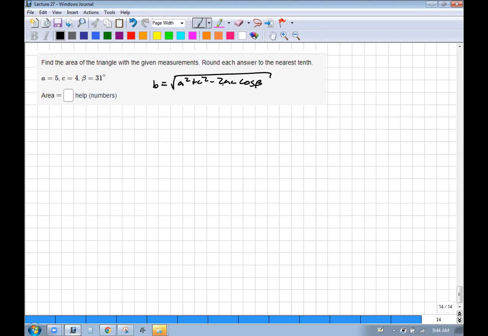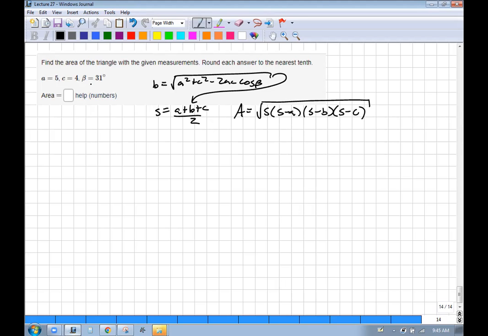Those are all given, A, C and beta. Once we know what B is, S is A plus B plus C over 2. And the area is the square root of S times S minus A times S minus B times S minus C. You got B, plug it in here. You already have A and C. You just plug them in. Heron's area formula.